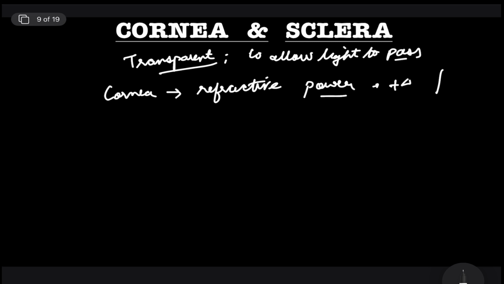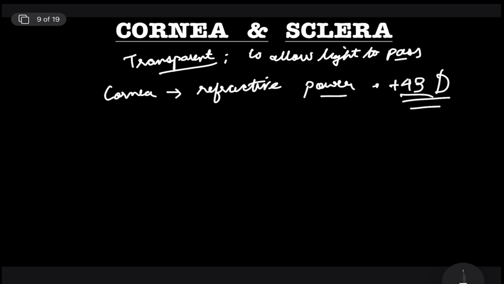Approximately plus 43 diopters. Diopters, if you do not know, is the unit for optical power. Just to give you some idea as to how much plus 43 diopters is, remember we talked about the crystalline lens in the previous video. I had said that the lens is the major structure in the eye used for refraction, to converge the parallel light rays on the retina so that vision can form.